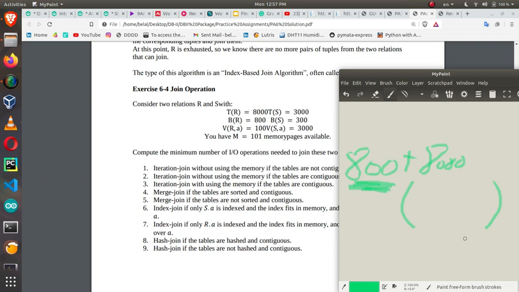Let's divide the total number of tuples by the number of distinct values. This gives us 1. So for each one of these 8000, there is one match, and we will do an extra IO. So we have in total 8800 IOs.